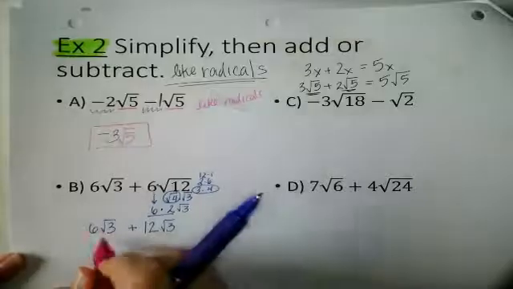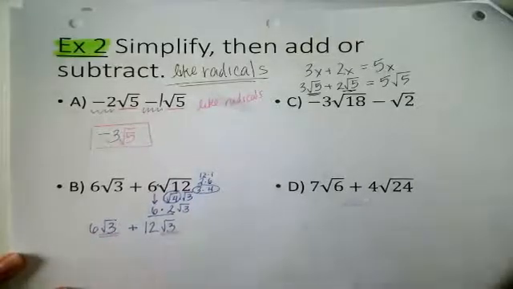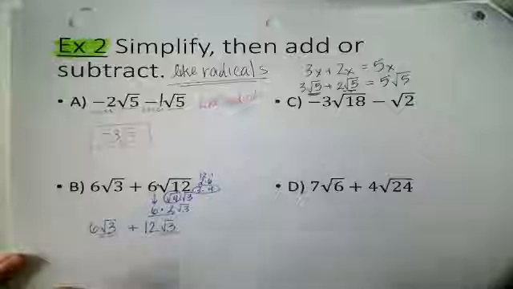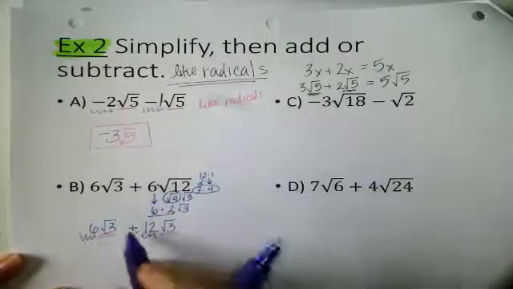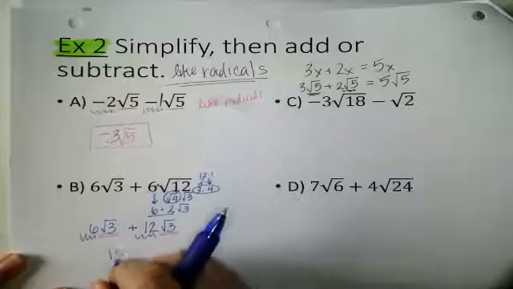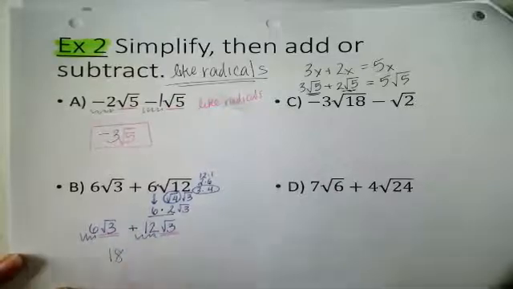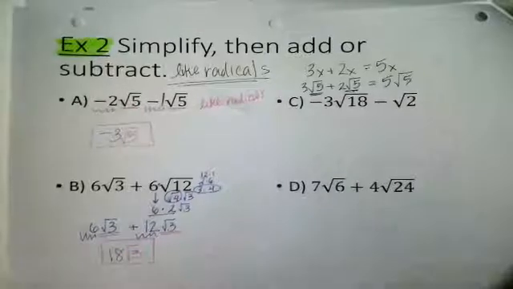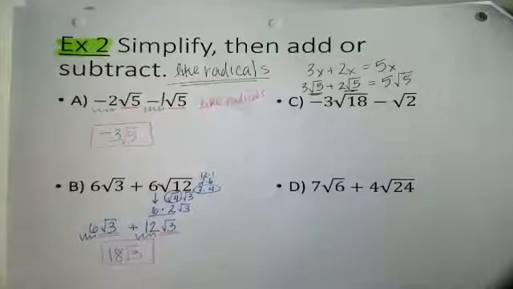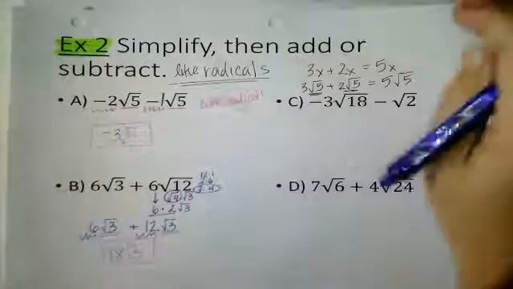They both have the radical 3 on there. And so now all I have to do is combine the numbers. So 6 radical 3's plus 12 radical 3's is 18 radical 3's. And I like to say it that way. For some reason, I think it helps. 6 radical 3's plus 12 radical 3's equals 18 radical 3's.